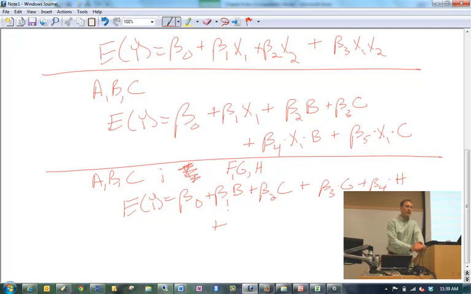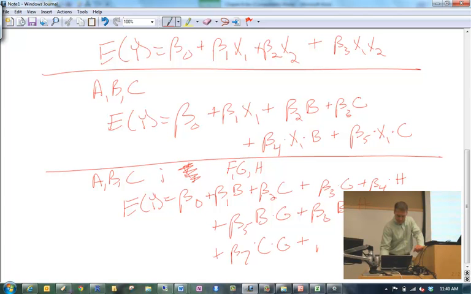What did I do for the quantitative variable? Took the quantitative variable times all levels of the qualitative variable, or times all the indicator variables. What do you think is going to happen here? Just going to multiply all the indicator variables together. That's it.